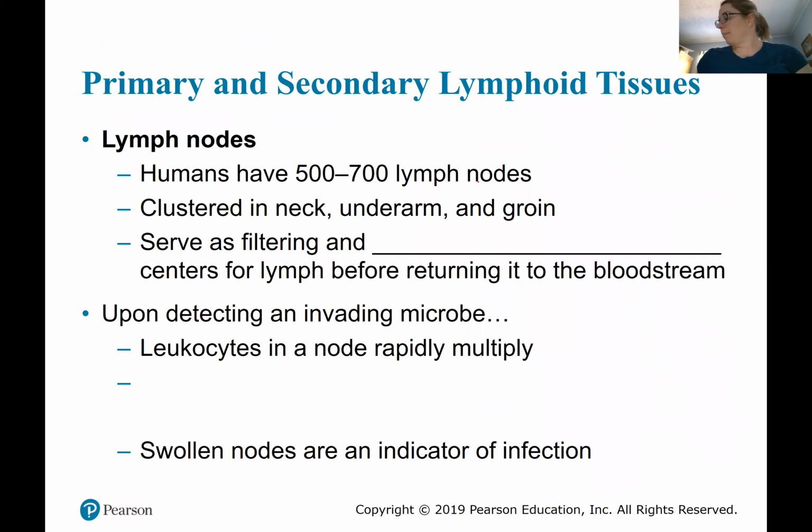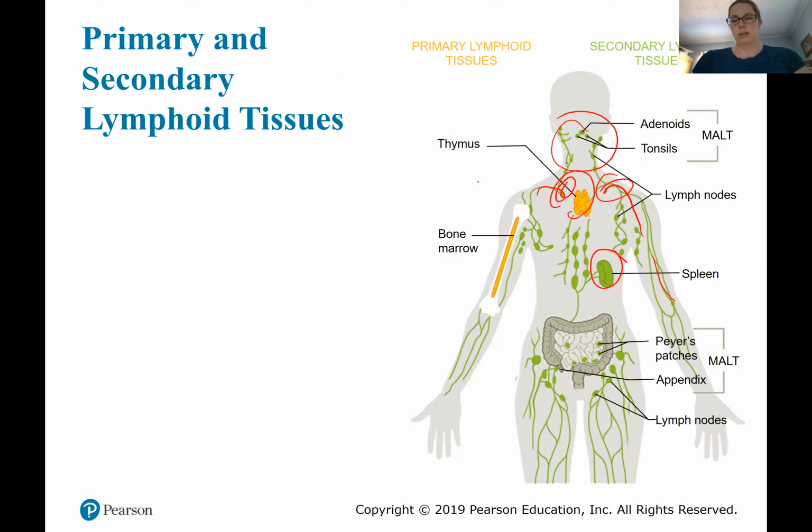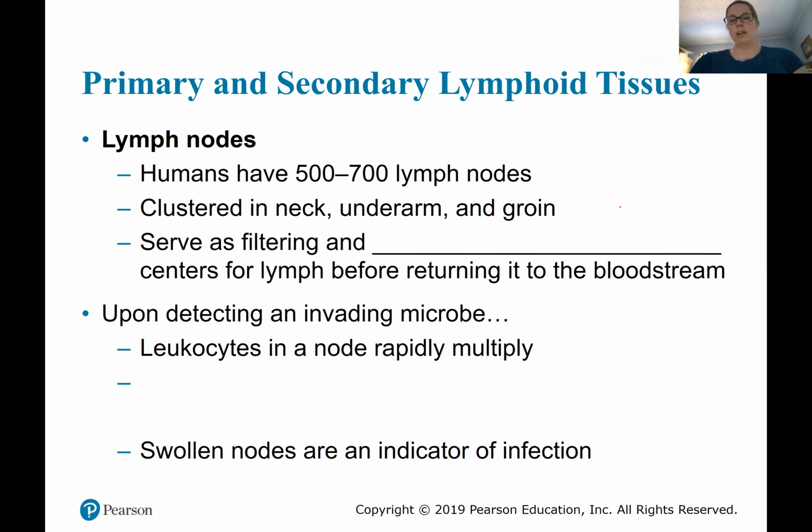We have about 500 to 700 lymph nodes. That's all these little green circles, and they are going to filter that fluid and also screen it or conduct surveillance. They serve as filter and screening centers for lymph before it returns to the bloodstream.